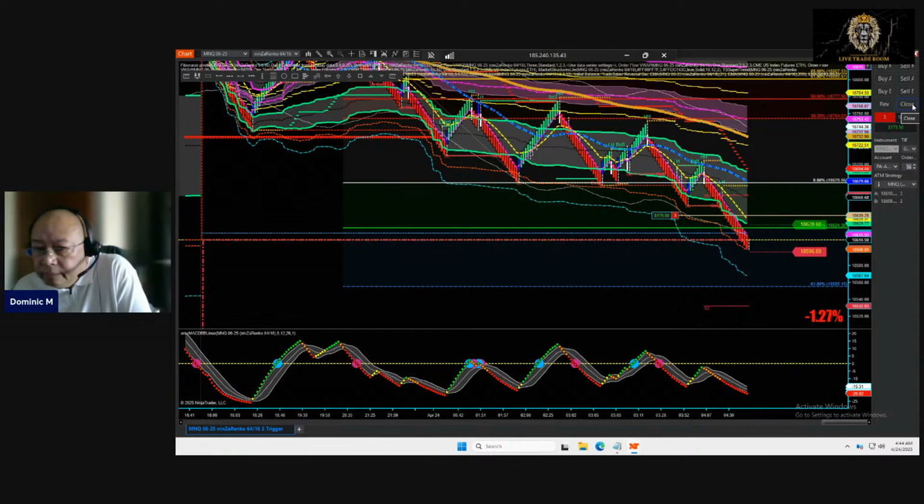Okay, so this is going up. I'm going to just take this out. Let me see. This is three contracts. I think it still has some room to move down. I'm looking at the MACD here. I want to get down to here.